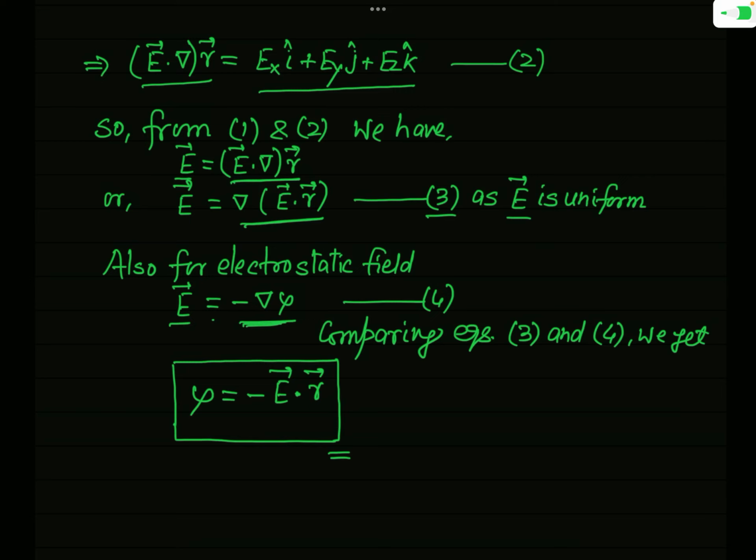So when we compare these two equations, we can easily observe that in equation 3, this E dot R is at the place of minus phi. So we can say that this phi is equal to minus E dot R. How easily this result has been obtained, you can see.